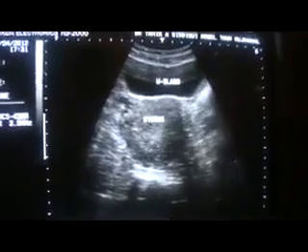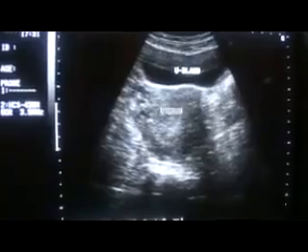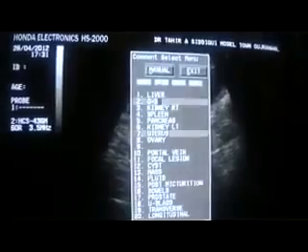This is the cervical canal, okay, this is the endometrial canal, and this is also the endometrial canal. This is the anterior segment of the uterus, this is the posterior segment of the uterus.